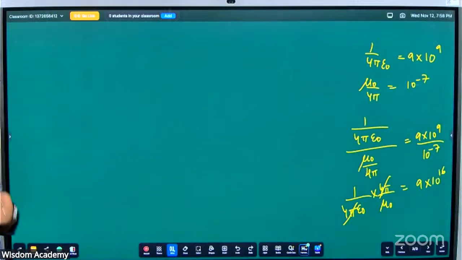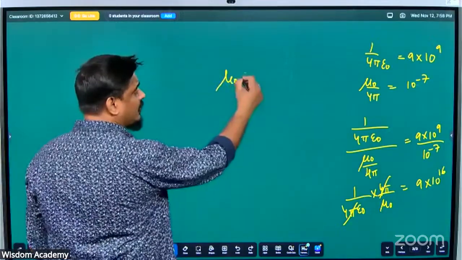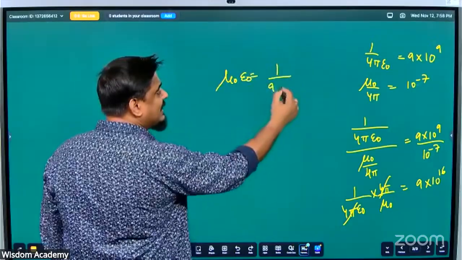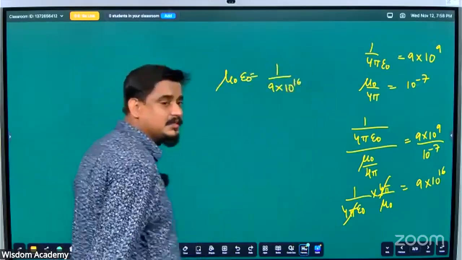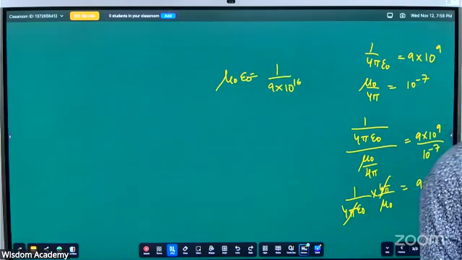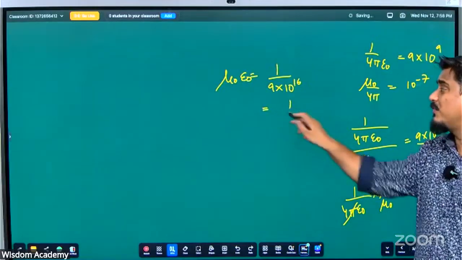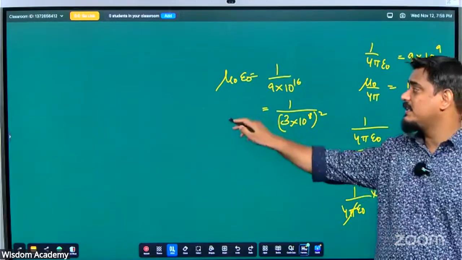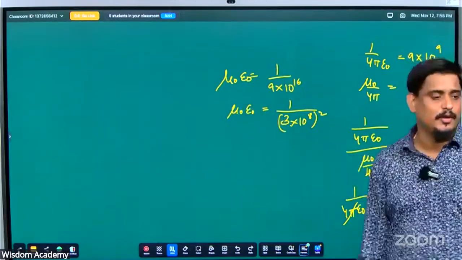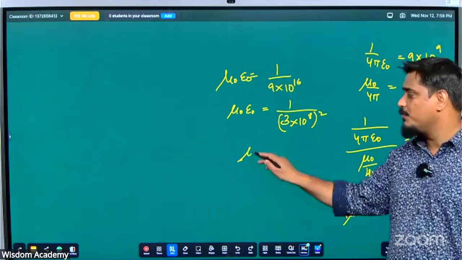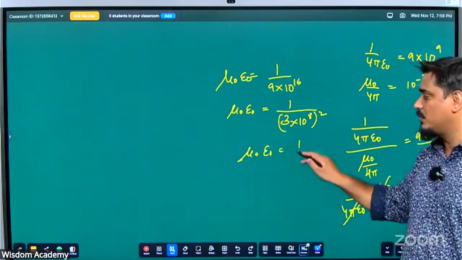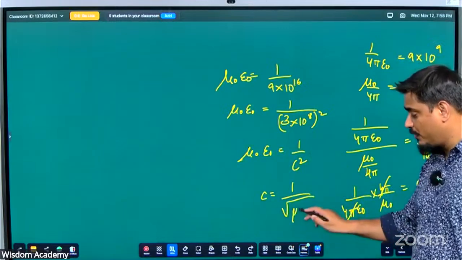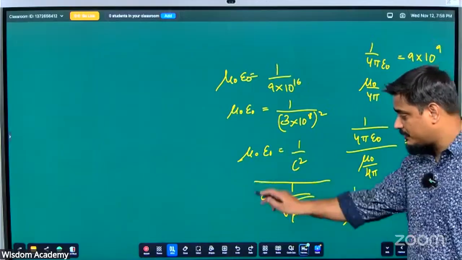You are going to get the expression of mu naught epsilon naught. Mu naught epsilon naught will become equal to 1 by 9 into 10 to the power 16. 9 into 10 to the power 16 can be written as 1 by 3 into 10 to the power 8 whole square. And 3 into 10 to the power 8 is what? Speed of light. So I can write mu naught into epsilon naught is equal to 1 by c square, or c is equal to 1 by root of mu naught epsilon naught.